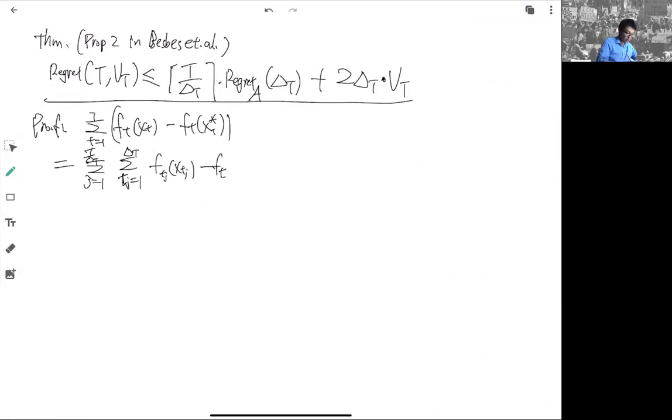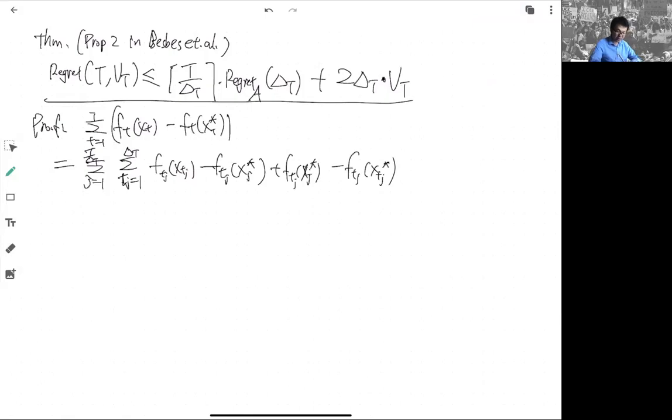let's subtract f_tj of x_j star. I'll define what x_j star is shortly. Minus f_tj of x_tj star.